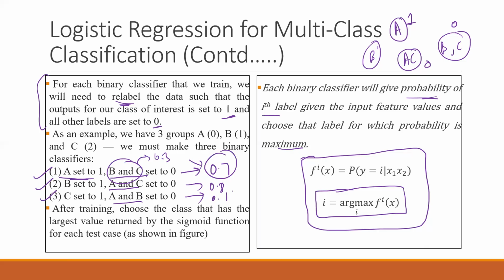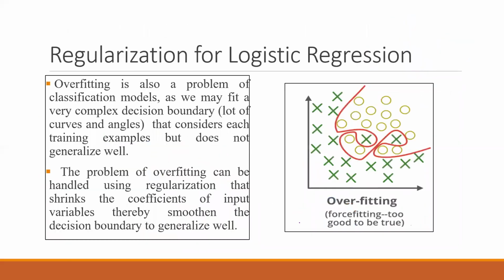If my number says C is 1 and A and B are 0, but my probability is very low, it means that A, B and C are not being classified accurately in this case. So it has to depend on the probability. You have to implement this argmax function, and we will look into the detail of the OVR function in the lab.